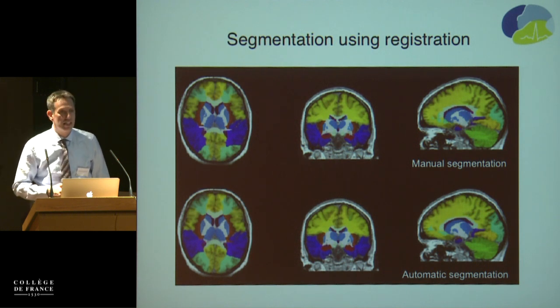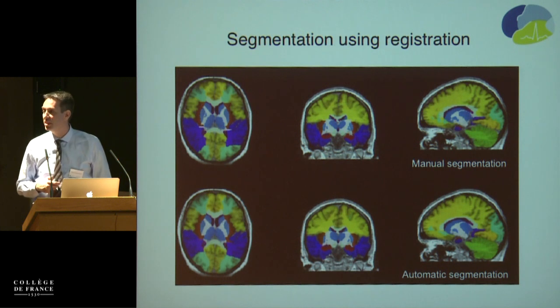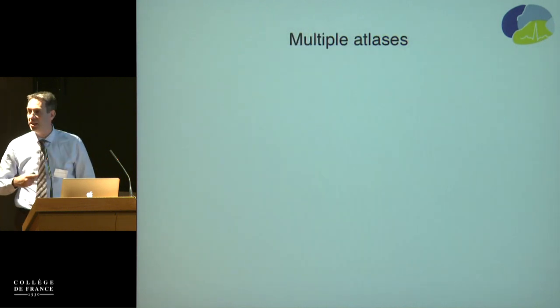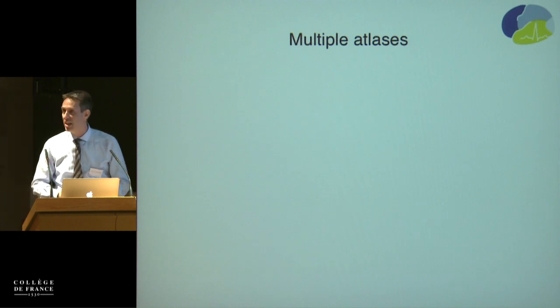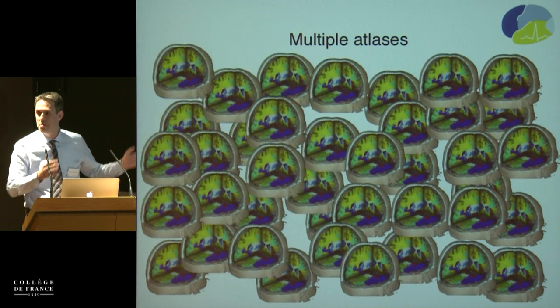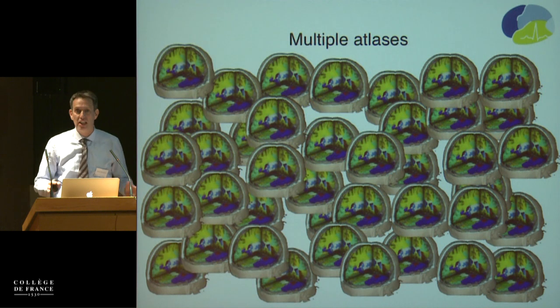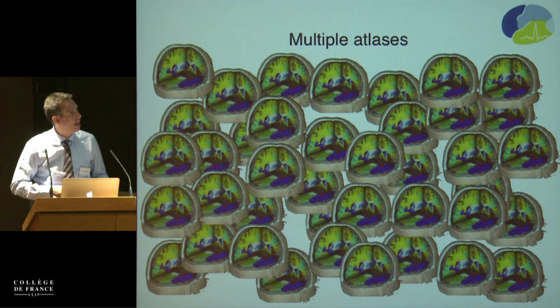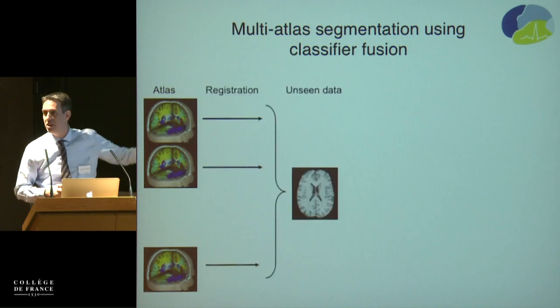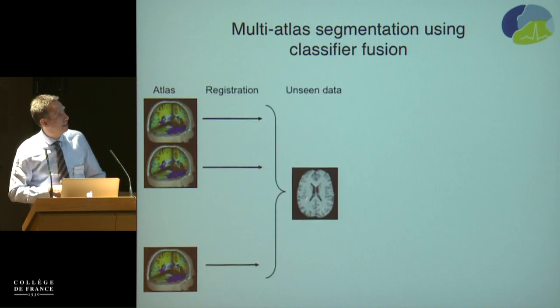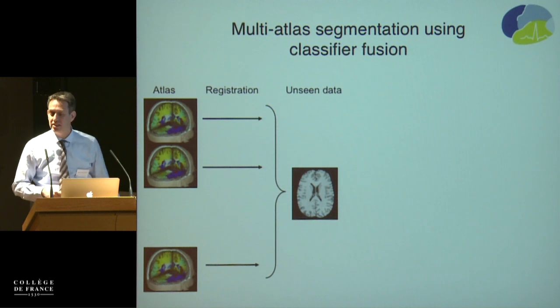So how can I make this better? One way of doing this is to use ideas from machine learning again. Let's assume I have an entire database of labeled brains. If you imagine that you have an entire set of these labeled brains, I can use each brain in turn. I can register every brain onto my unseen data set.